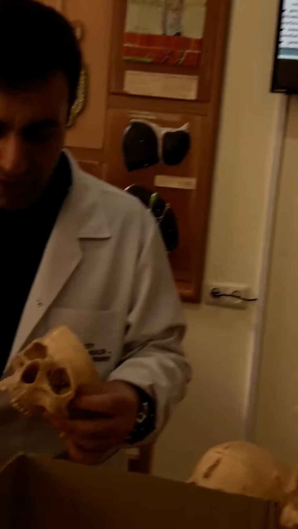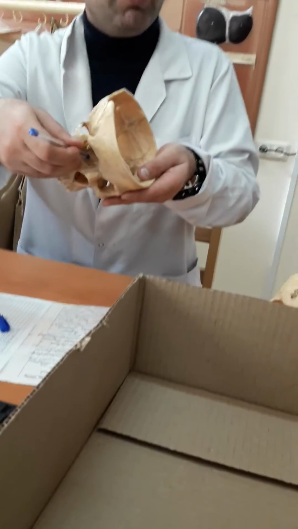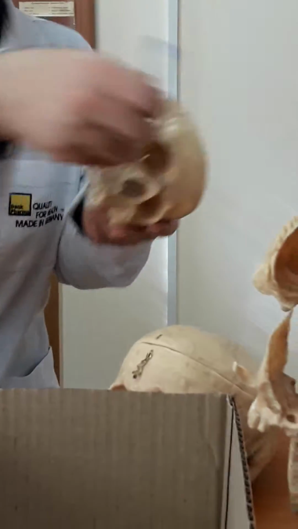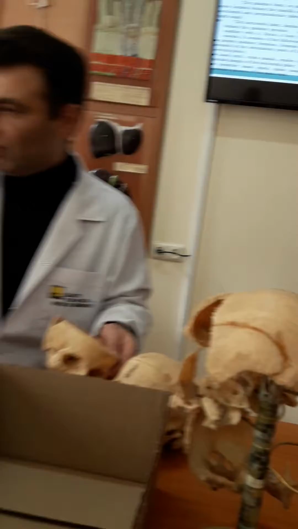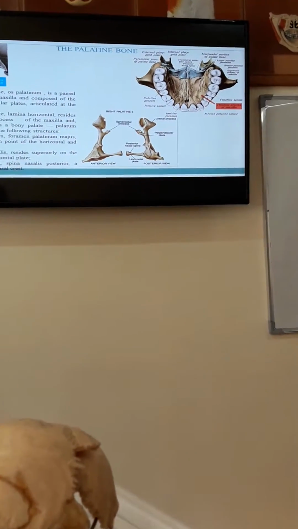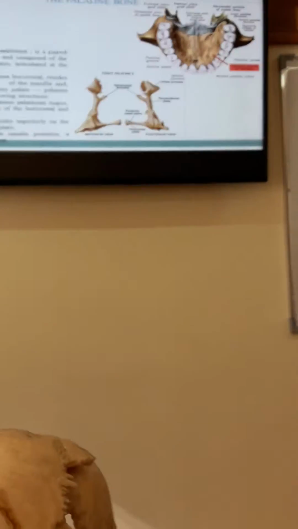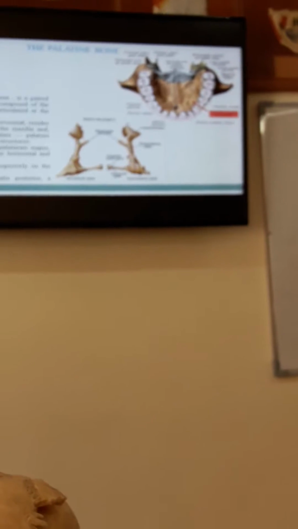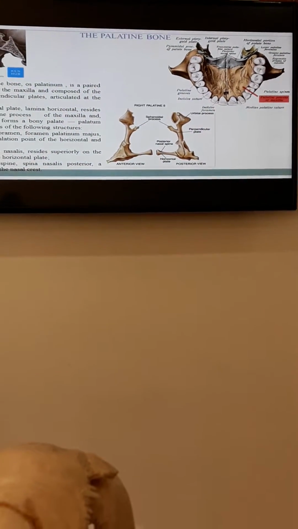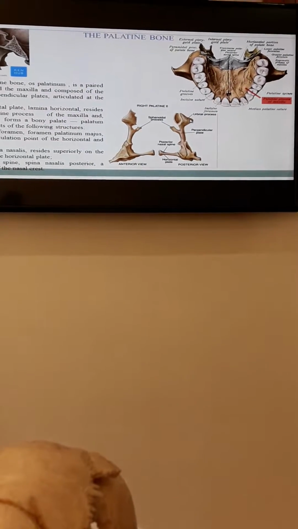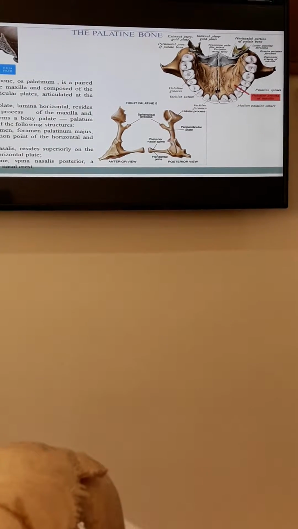It forms, my friends, the inferior and medial part of the orbit. It looks into the orbital cavity and we call it the orbital surface. Look here please, you can see the perpendicular plate finished by a bulb-shaped part of the bone, which we call the orbital process, and which is one of the bones that form our orbit.